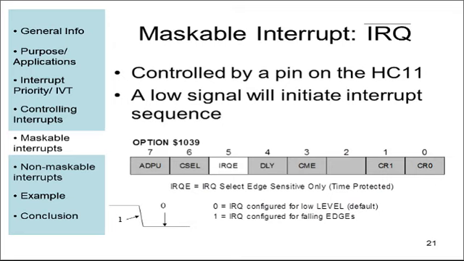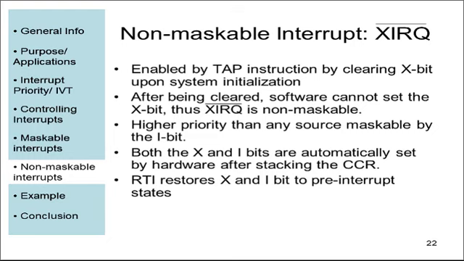As you are able to see, IRQ is controlled by a pin on the HC11. A low signal will initiate the interrupt sequence. The non-maskable interrupt XIRQ is enabled by the TAP instruction by clearing the X bit upon system initialization.